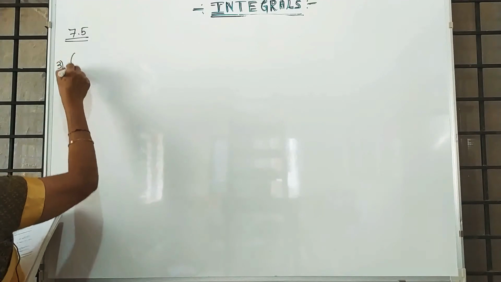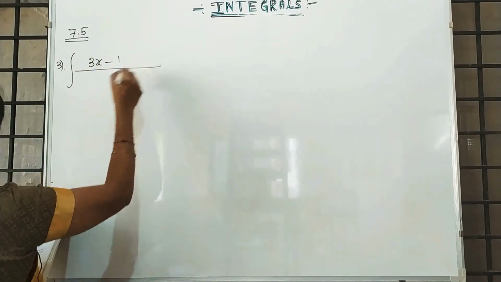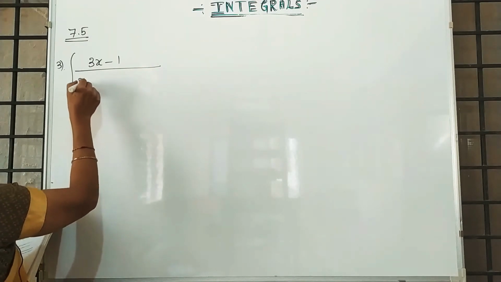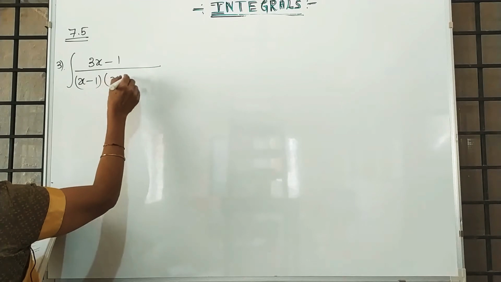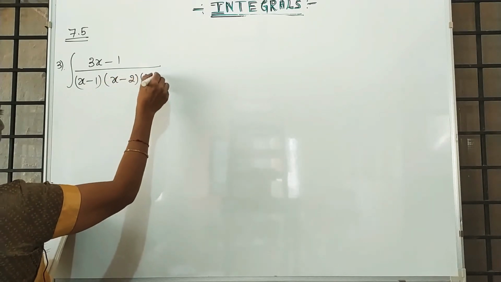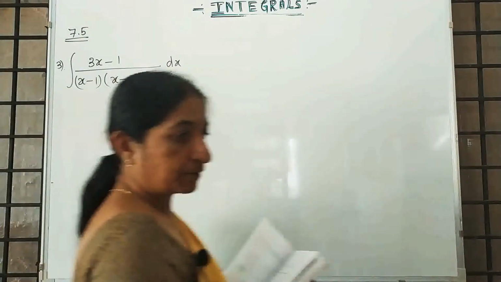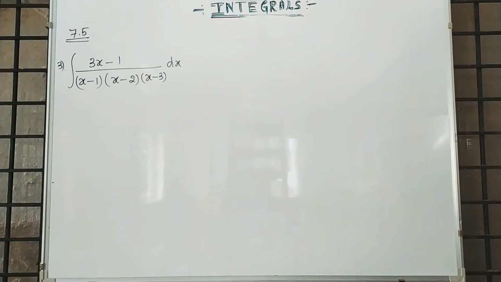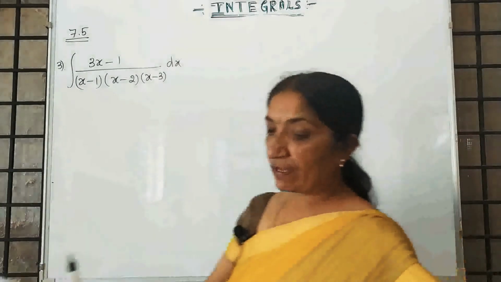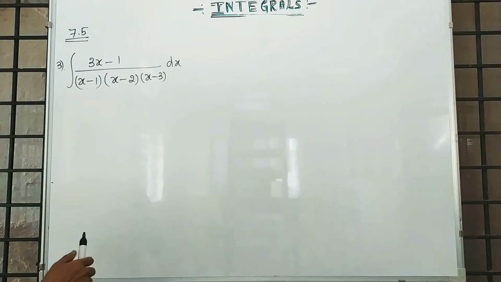Third one: (3x minus 1) upon (x minus 1) into (x minus 2) into (x minus 3) dx. See, here in the third one we have 3 non-repeated linear factors in the denominator.